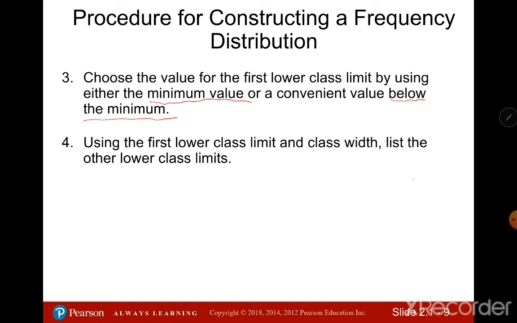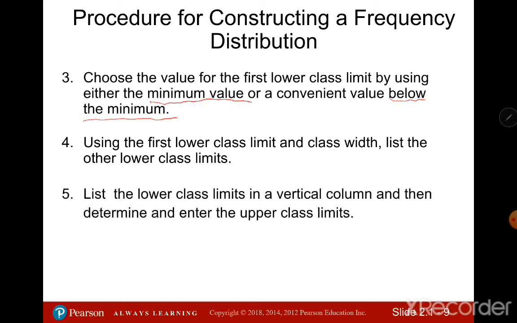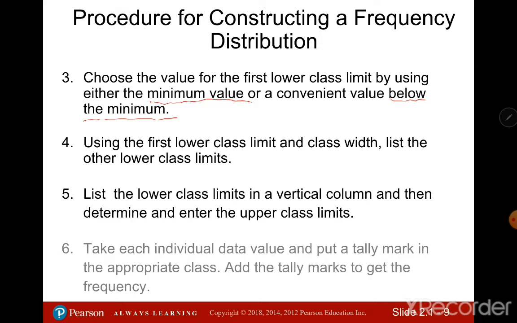If we have the second, then we add the class width to get the third, and so on. And we list all the lower limits in a column, then determine the upper limits to finish the first column.